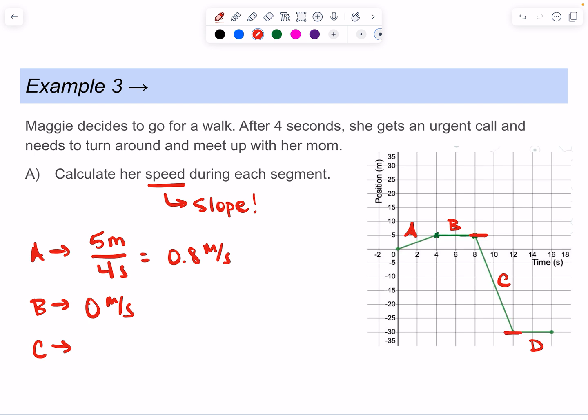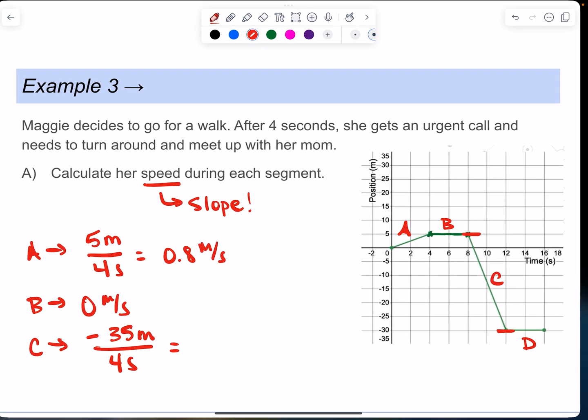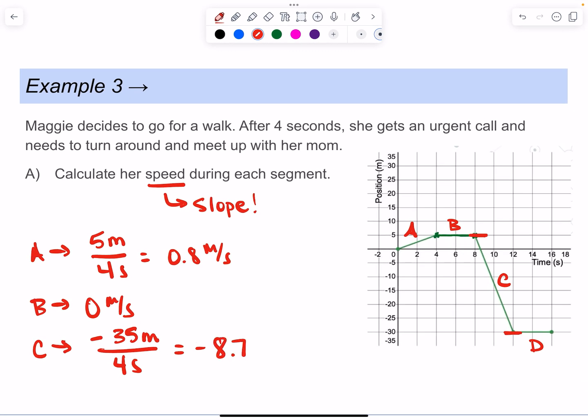So she's going a pretty decent amount of distance backwards. So the overall change in position there would be negative 35 meters. And she covered that distance in another 4 seconds. So the speed here would be negative 8.75 meters per second.